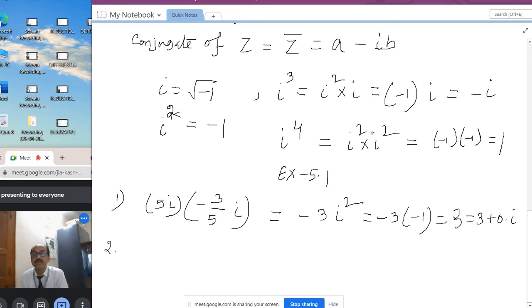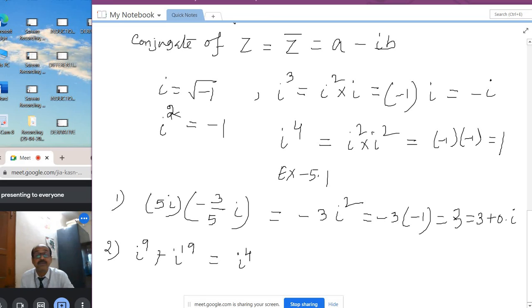Next question, number 2: i to the power 9 plus i to the power 19. Okay. In this type of question, when finding the value, we always take i to the power 4, because we know i to the power 4 equals 1, so easily we can calculate.